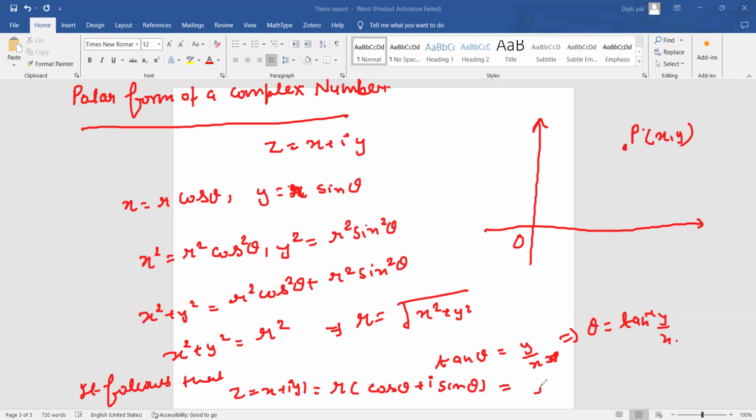Also, it is written as r e to the power i theta. And it is called the polar form of a complex number, where r and theta are called the polar coordinates of z.